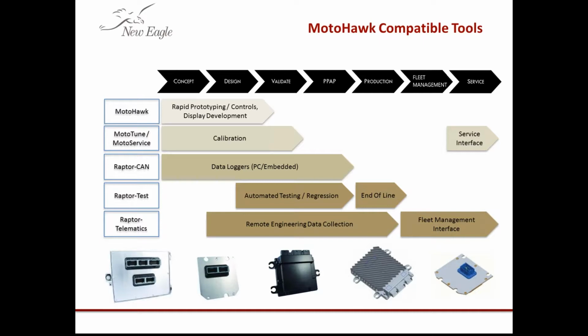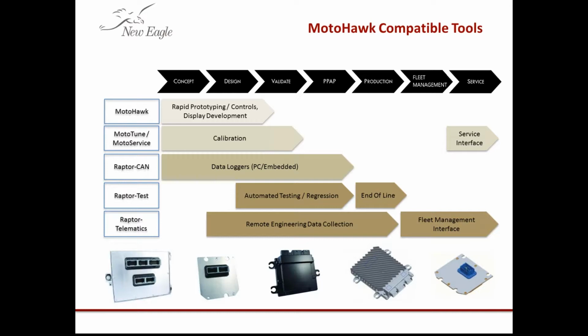You've got MotoHawk, a rapid prototyping controls development tool, and that gets you through designing the concept and doing validation thereof. Hopefully somewhere in the validation phase you stop messing with your software and you start working on the calibration and other testing. And that's where MotoTune will come in.